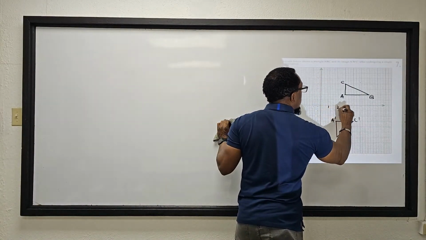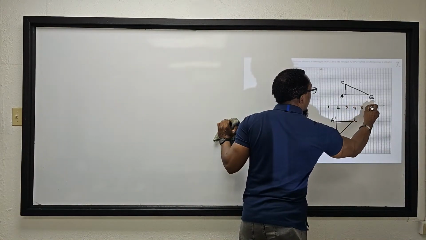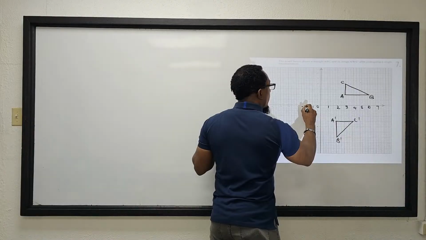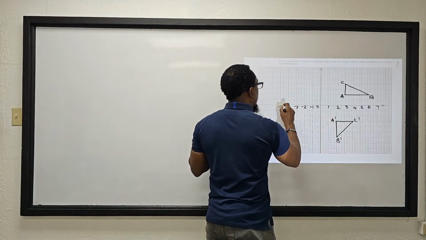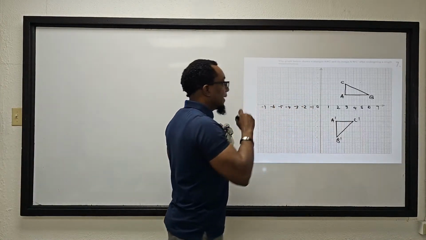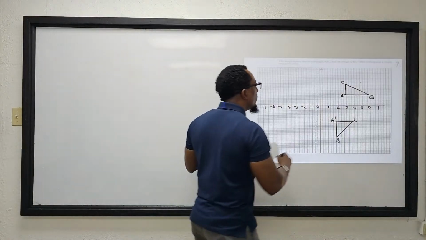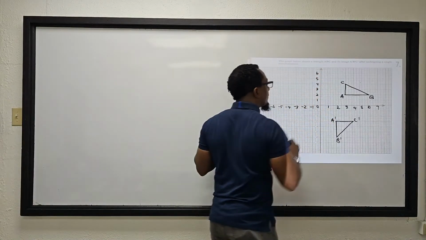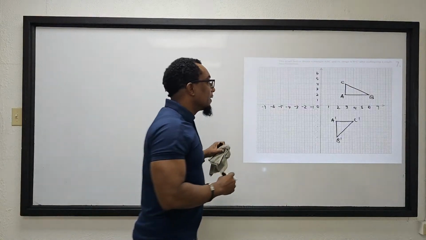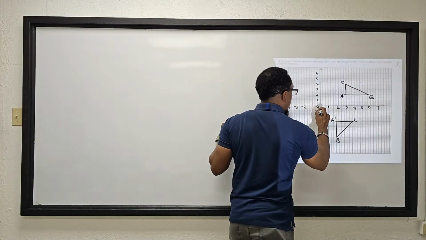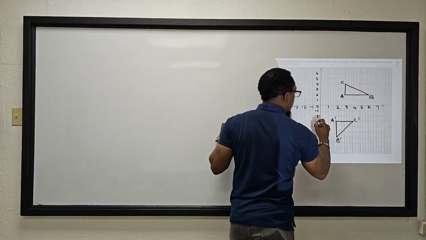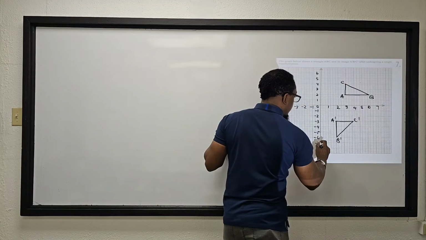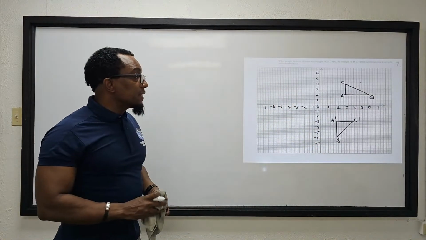We have 1, 2, 3, 4, 5, 6, 7, then 0, negative 1 through negative 7. We have 1 to 6 on the y-axis, and negative 1 through negative 7 on the negative y-axis.